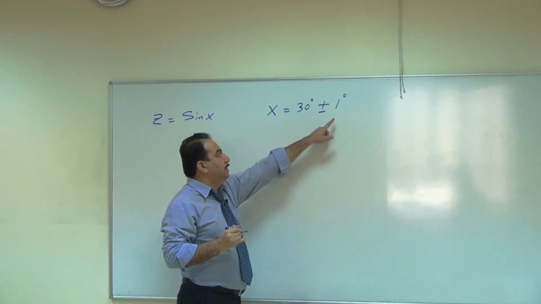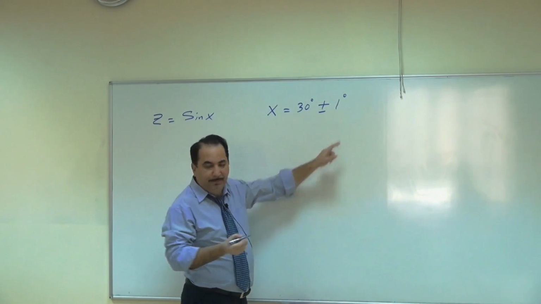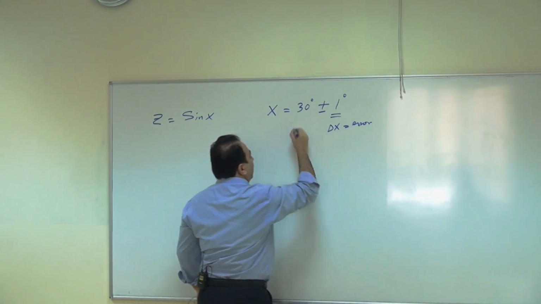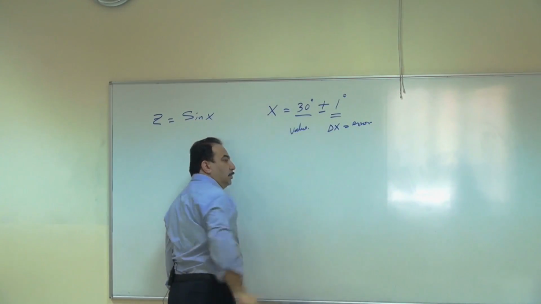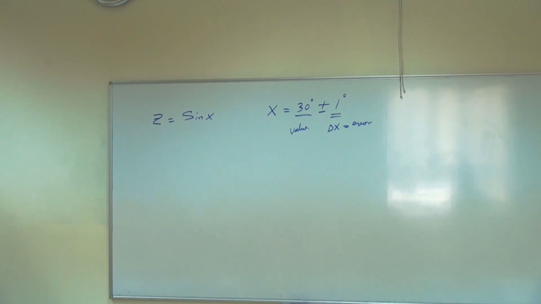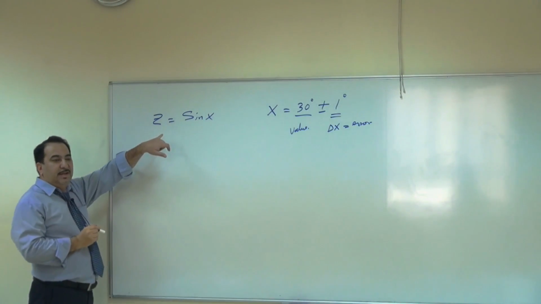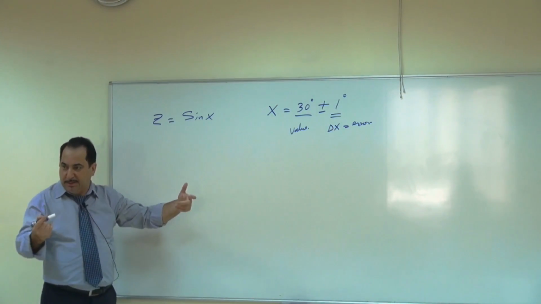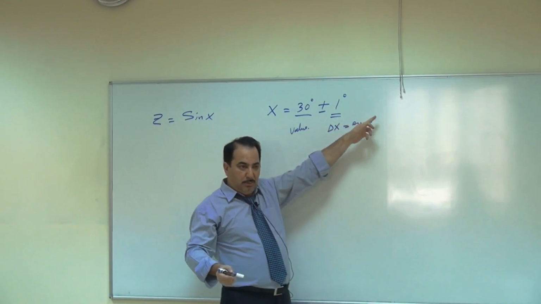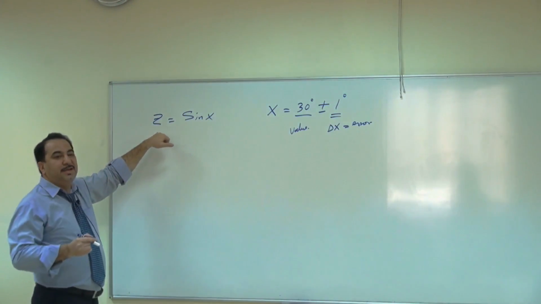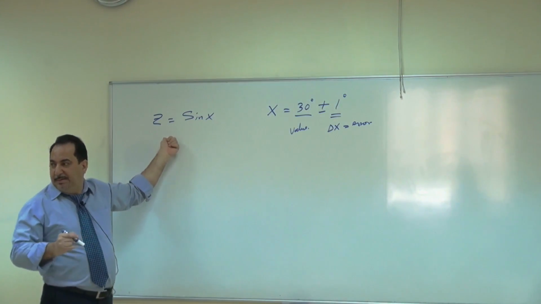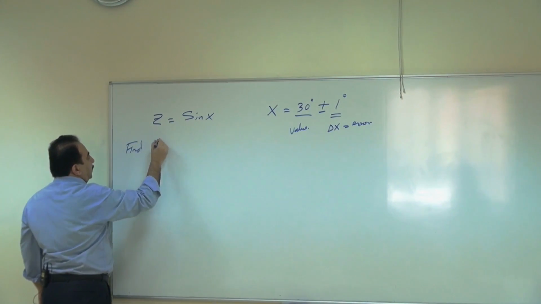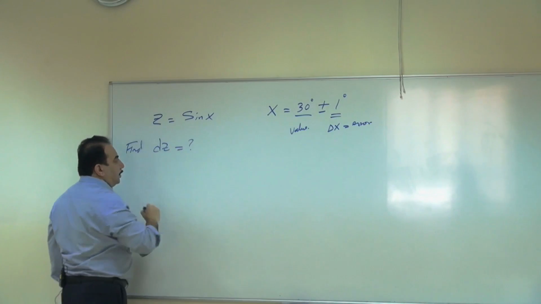So this is x, and this is delta x, the error. And this is the value. Okay? Now, the question is, what is the error, or what's the uncertainty in the sine x, not x. x is 30 plus minus 1. So how do you find the uncertainty in the function sine x, which is z? The question here is to find dz, the error in z.